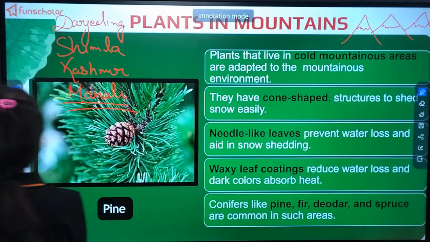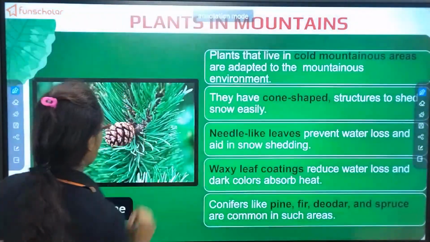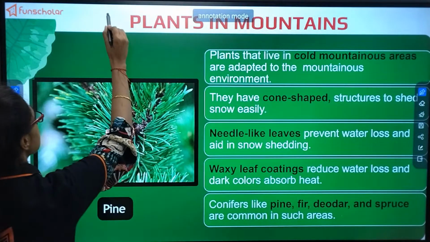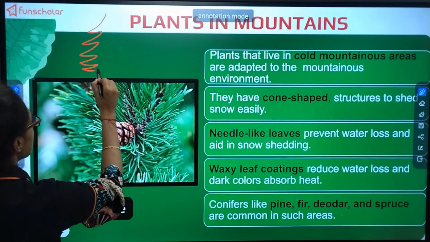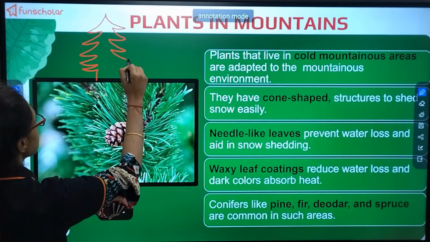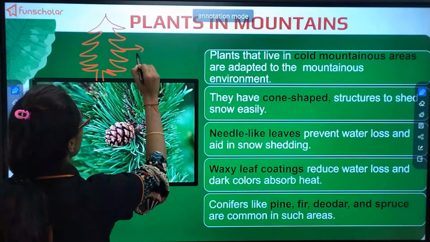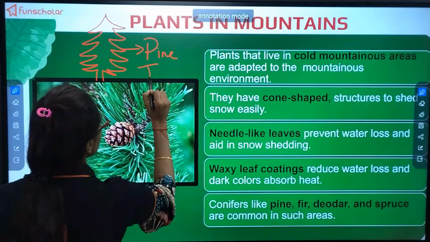So while going to these places, have you ever noticed that they have plants like this? In the higher altitude, they have plants like this. These trees are known as pine trees.